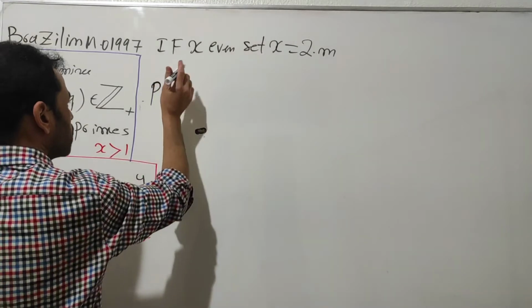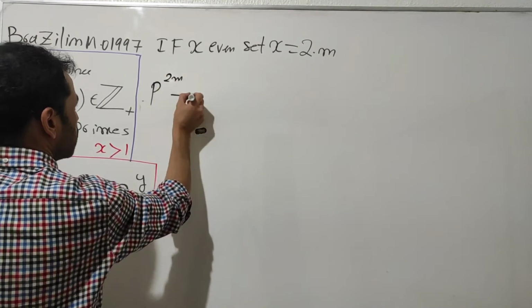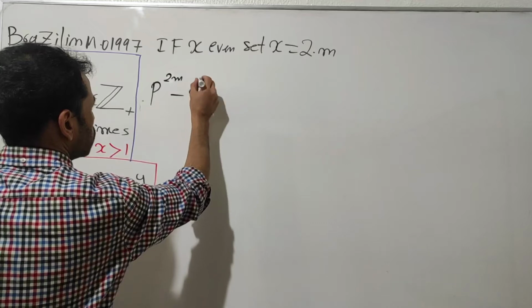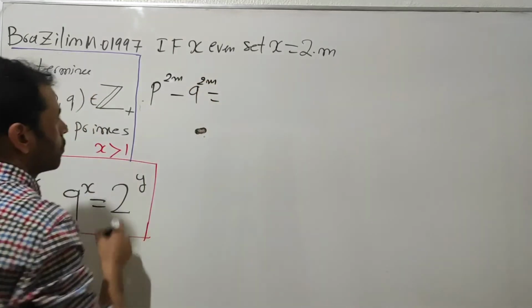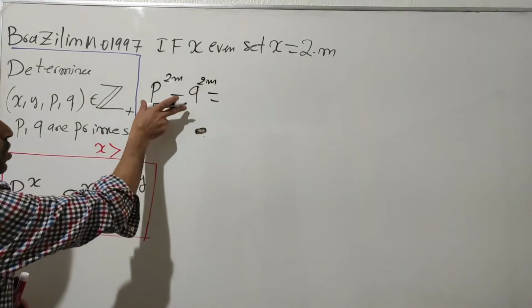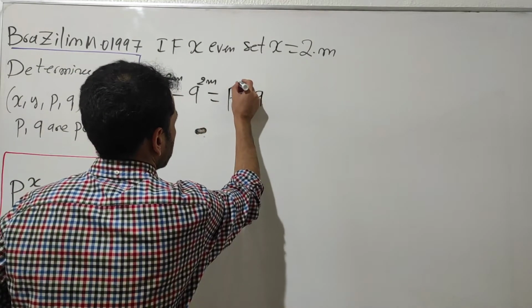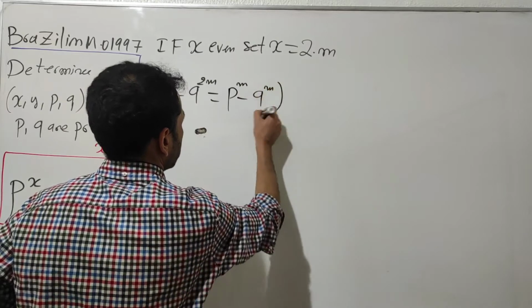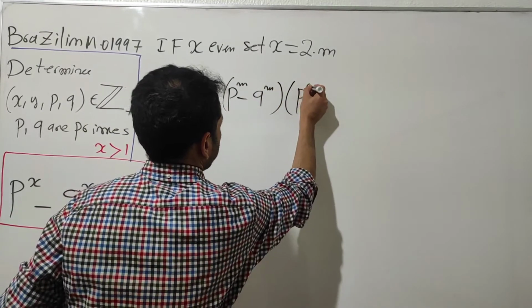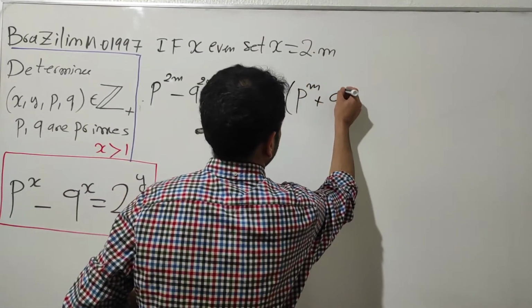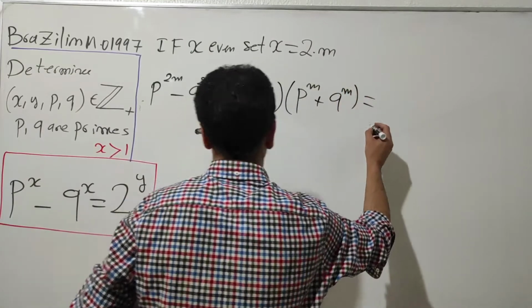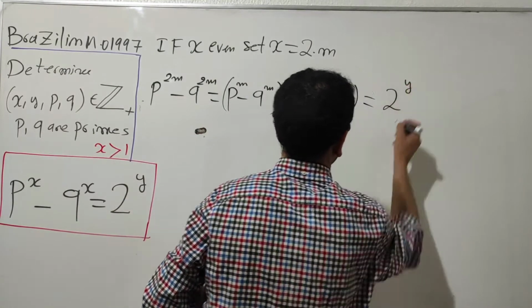I get p to the 2m minus q to the 2m. By factorizing, I get (p to the m minus q to the m) factor (p to the m plus q to the m). The whole thing equals a power of 2 to the y.